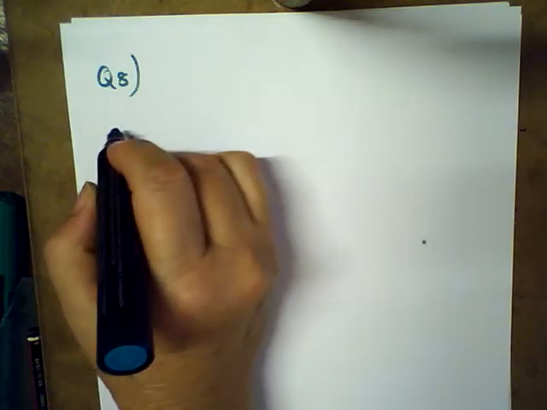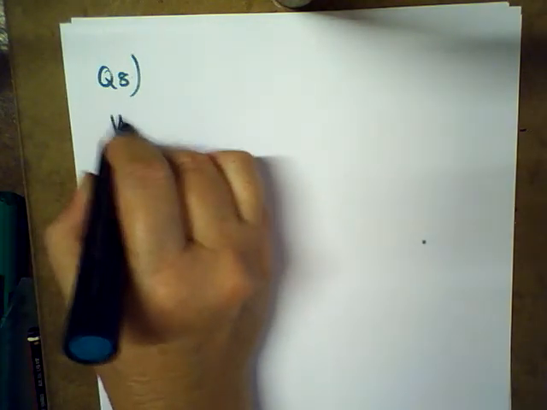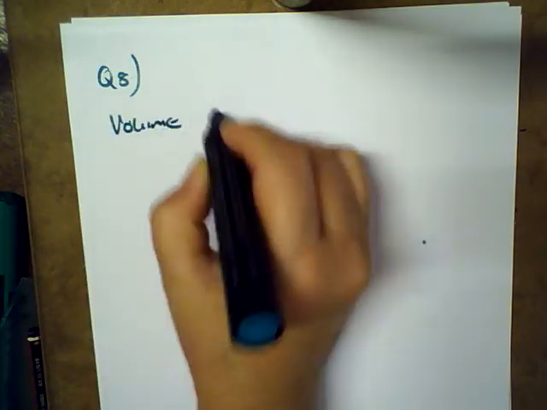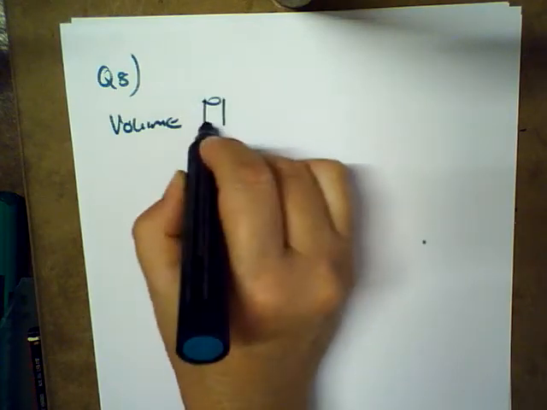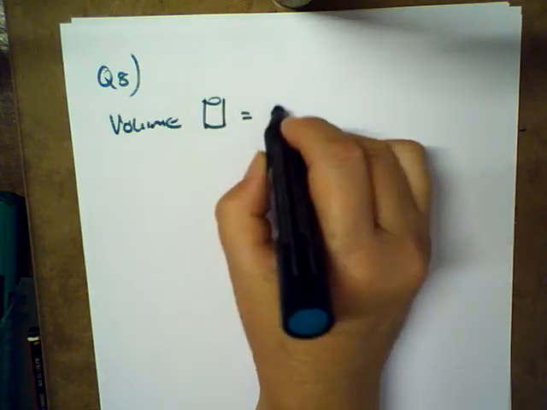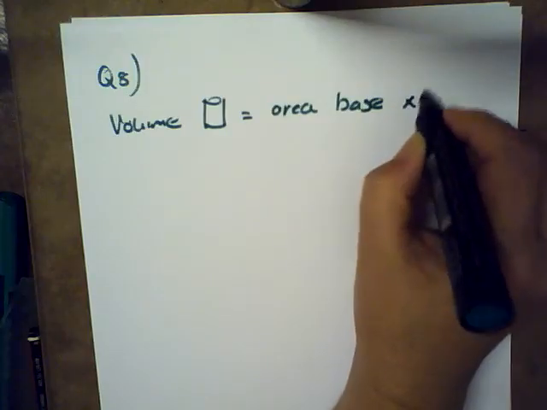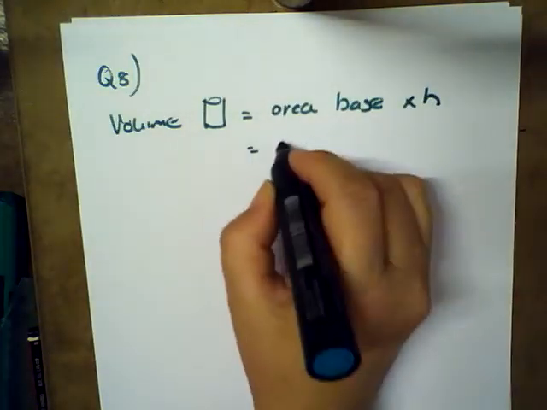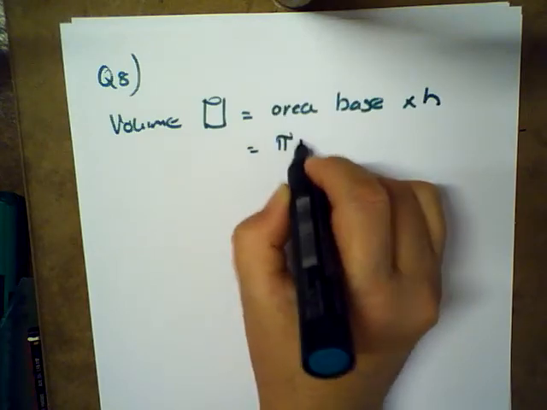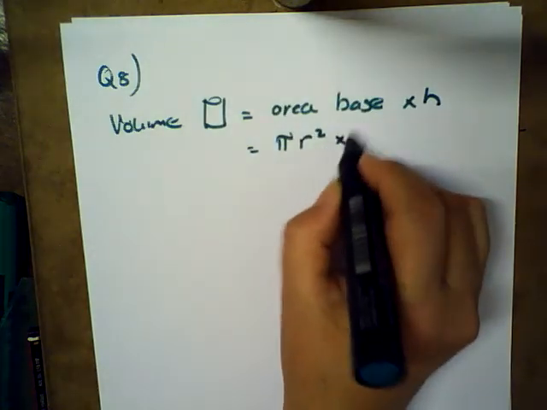Okay, so we know the volume for a cylinder would be the area of your base times the height. The area of a base is pi r squared times my height.